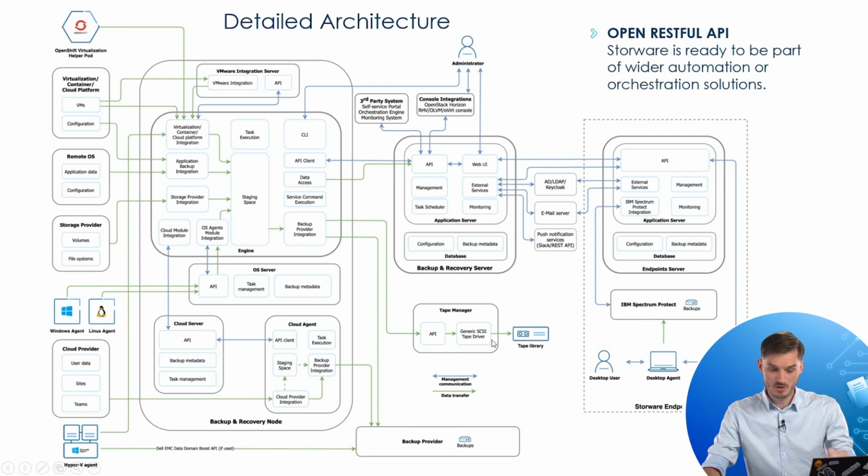But if you look closely in the middle, Storware also contains one very important element in our presentation: the database. The database contains the whole configuration and the whole metadata of the backups. This part is very crucial and very important if something wrong happens with our infrastructure. Basically speaking, the job is pretty simple.